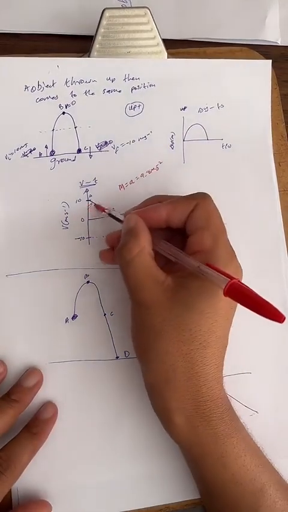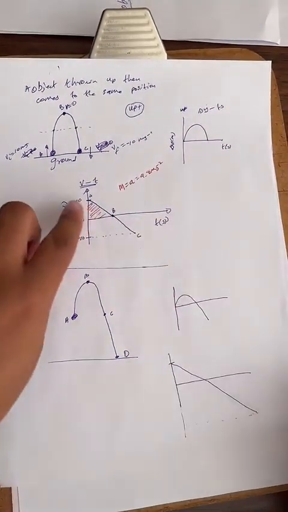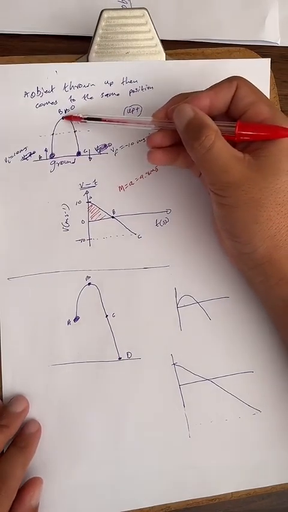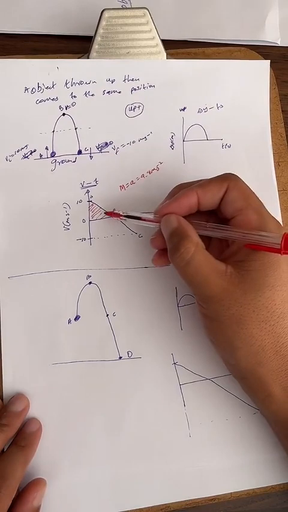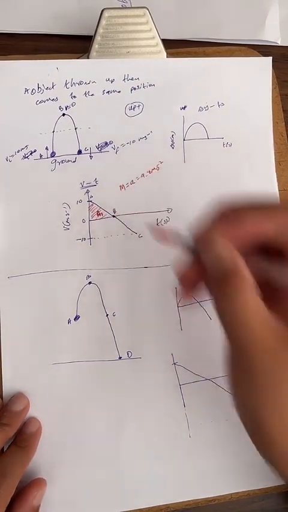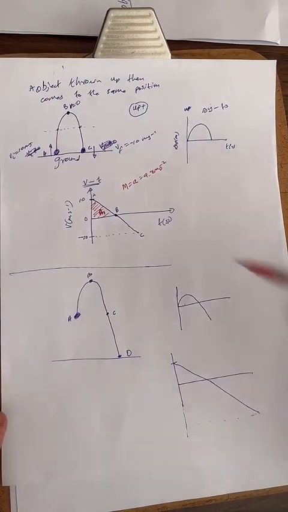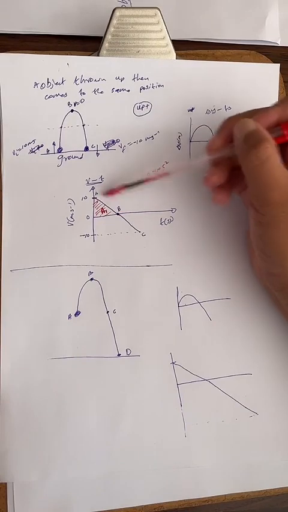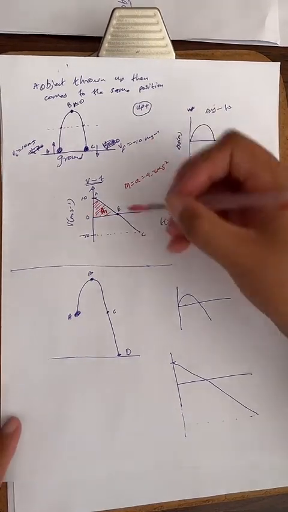The area under the graph between A and B gives you the displacement from A to point B. So this is area number 1. It gives you the displacement between point A and point B, because this is the area between the 2 points.